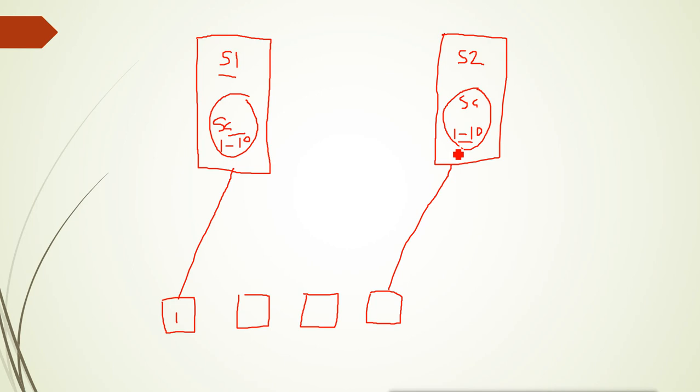So maybe this server will give the same IP address, dot 1. So this machine is getting the same IP, and this machine is also getting the same IP. Why? Because they are getting it from different servers. Then what happens? The IP will be conflicted.